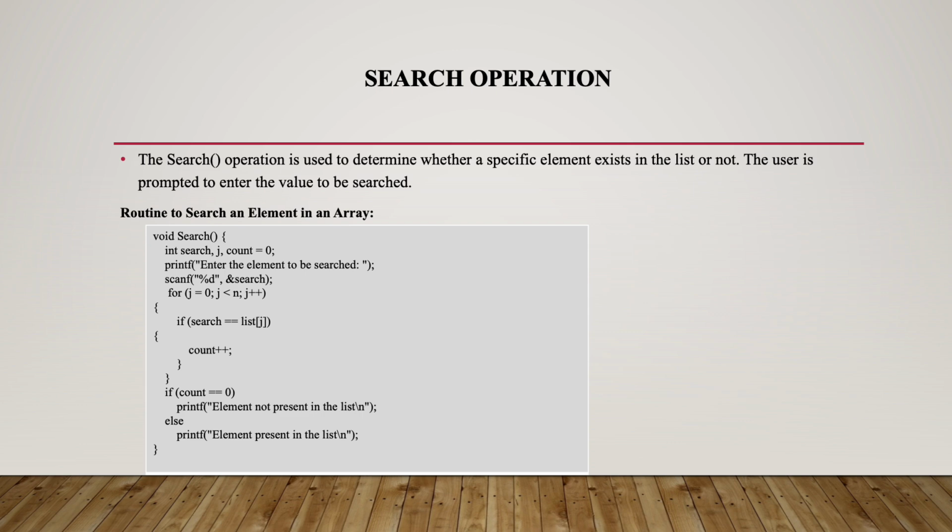This kind of search is called a linear search because it checks elements one by one in a straight line. Understood? Although it's simple and easy to implement, it can take more time if the list has many elements, especially if the element we are looking for is near the end or not present at all. So the search operation helps us determine whether the value exists in our array and where it's stored.